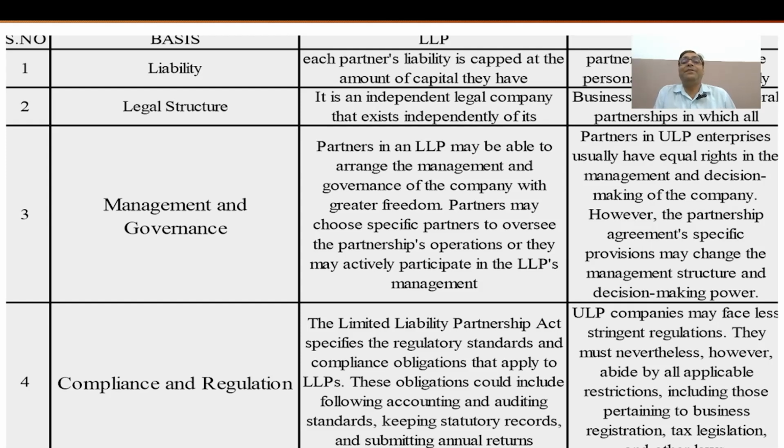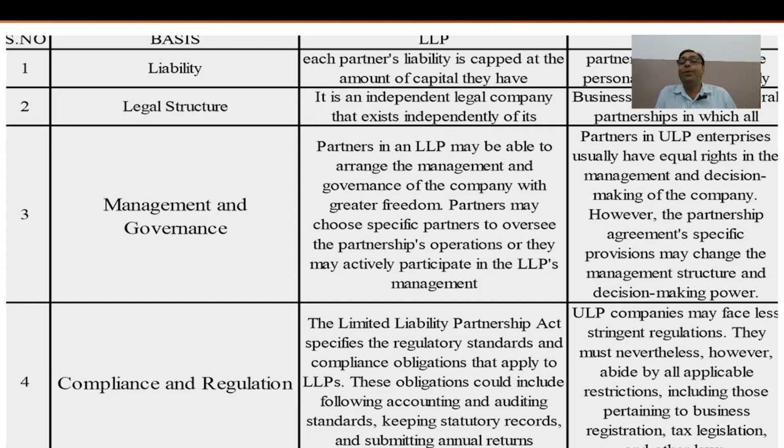The third parameter is management and governance. Partners in an LLP may arrange the management and governance of the company with greater freedom. Partners may choose specific partners to observe the partnership operations, or they may actively participate in the LLP management.